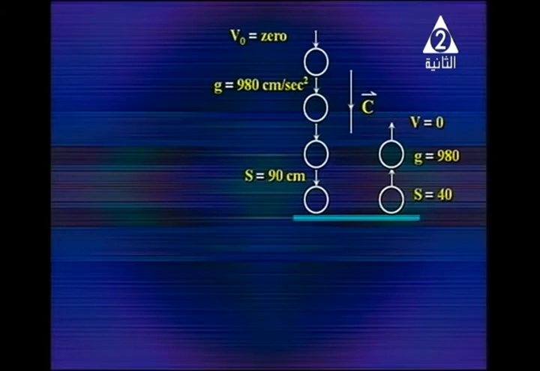In the opposite graph, we know that the first direction is in C direction. The rubber ball drops down. C is the vector direction of motion. V naught becomes 0, G is given as 980 centimeter per second square.